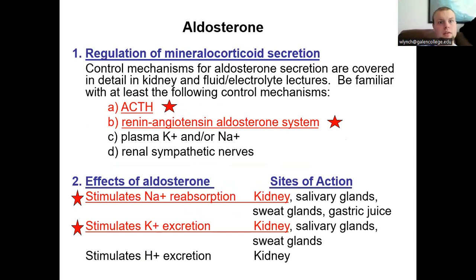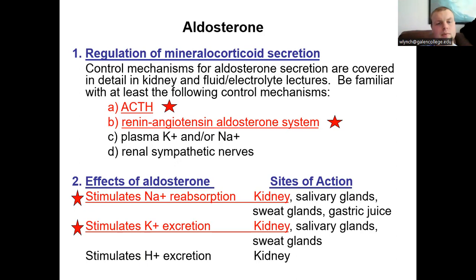Next, the mineralocorticoid aldosterone. This is coming from the zona glomerulosa in the adrenal cortex. This is going to be an electrolyte regulator, so it is going to control potassium, sodium, things like that, right? Control mechanisms are going to be from the kidney, right?